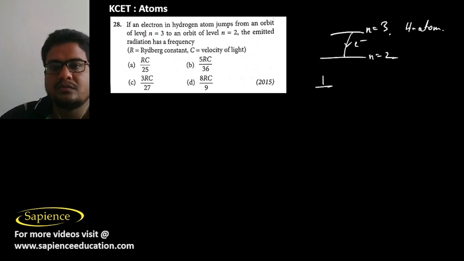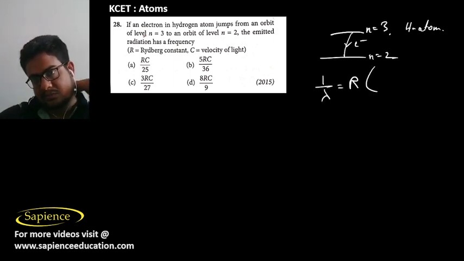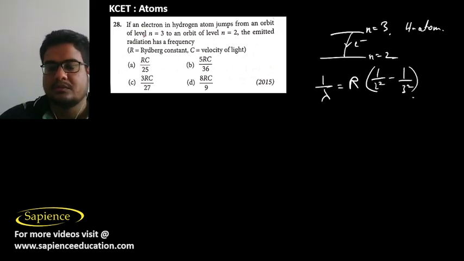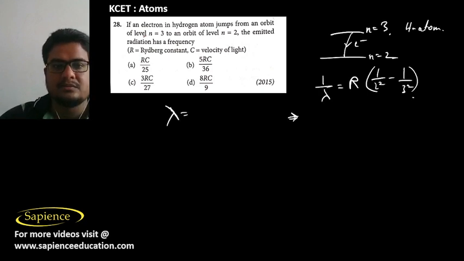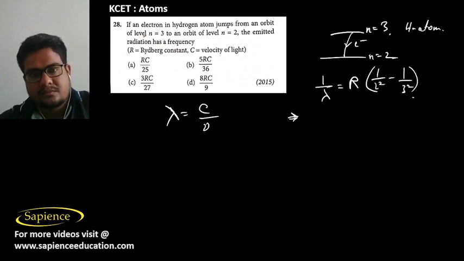So we know that 1 by lambda equals R into 1 by n1 square minus 1 by n2 square. And lambda is equal to c by nu, where c is the velocity of light and nu is the frequency.